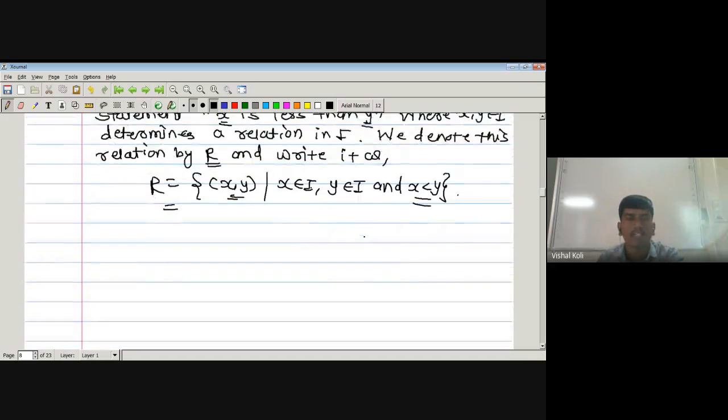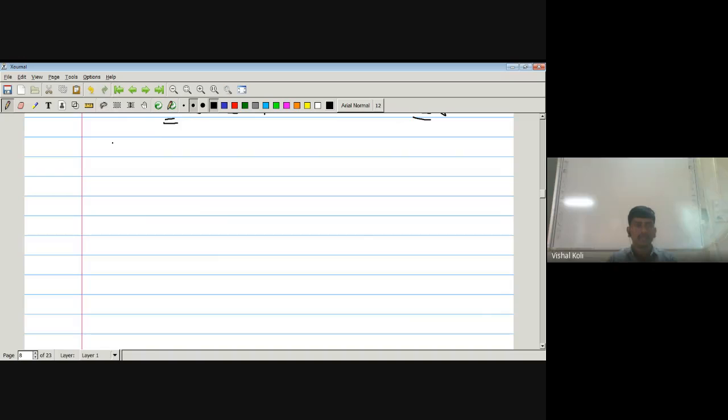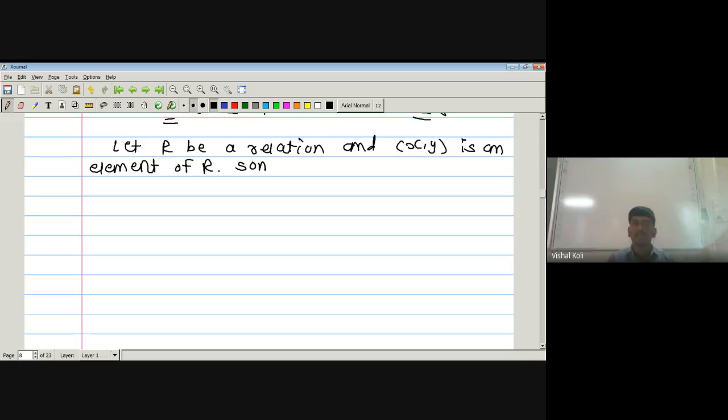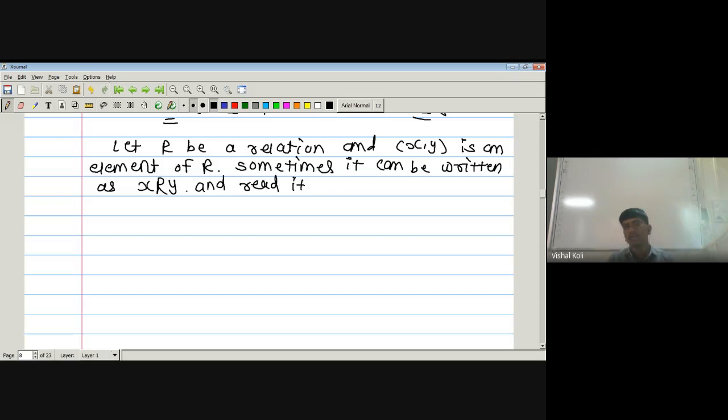Now, let R be a relation, and if the ordered pair x, y is an element of R, then sometimes it can be written as x R y, and read as x is R related to y.